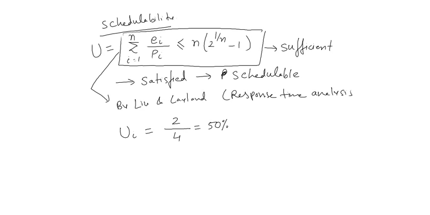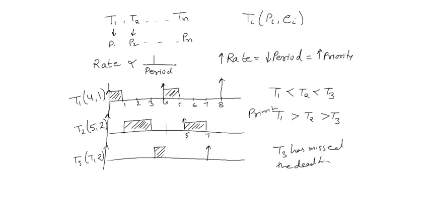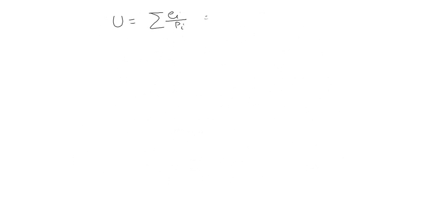Now let's check whether this is satisfied for our given example. So let me write the formula again. For the T1 task, the execution time was 1 and the period was 4, so 1 upon 4. For the next task, the execution time was 2 and the period was 5. For the third task it was 2 by 7.